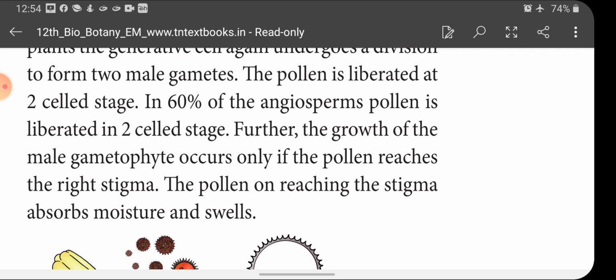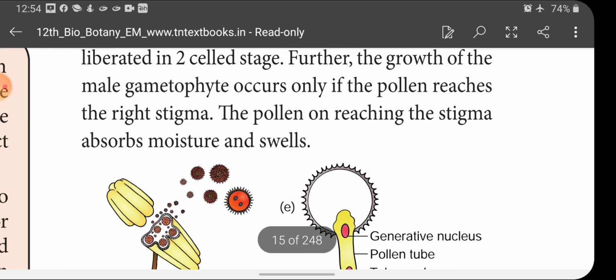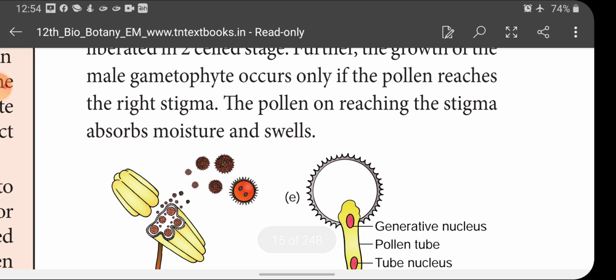If it reaches an unsuitable stigma, it will not develop further. On reaching the stigma, the pollen absorbs moisture from the stigma and swells up.